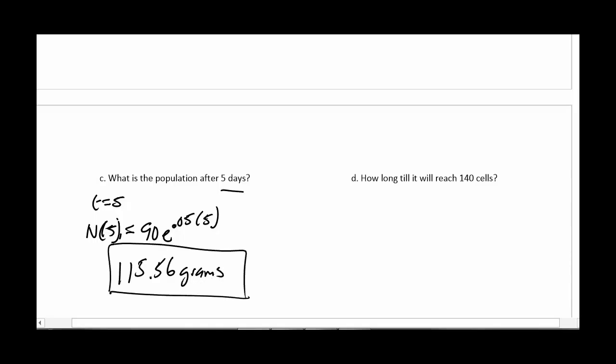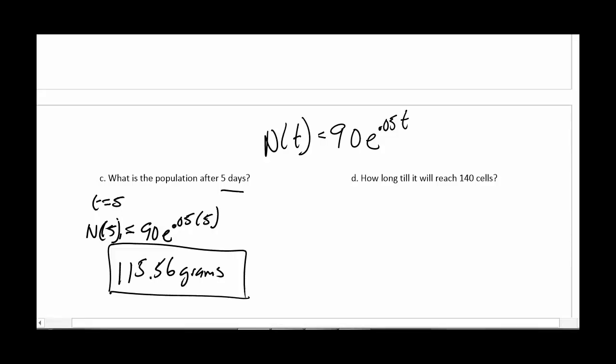Okay, question, how long will it take to reach 140 cells? So if you think back to our formula, let me write the formula down here, which is N of t equals 90e to the 0.05t. So we only have two variables that we could ever introduce in the equation.